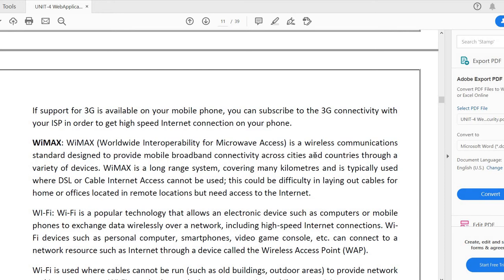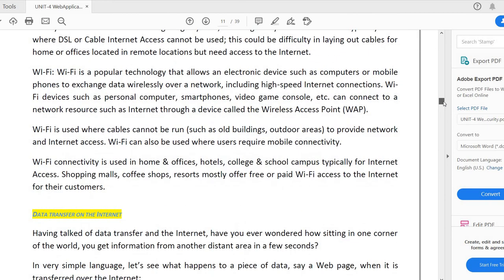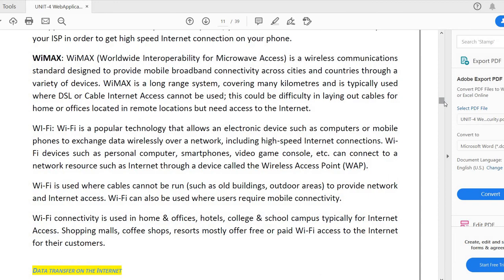And next is Wi-Fi, wireless fidelity. The full form of Wi-Fi is also important. Wireless fidelity is a popular technology everyone is using, so I don't want to explain more about that. So we have three types of wired connectivity and three types of wireless connectivity. What is the difference between WiMAX and Wi-Fi?